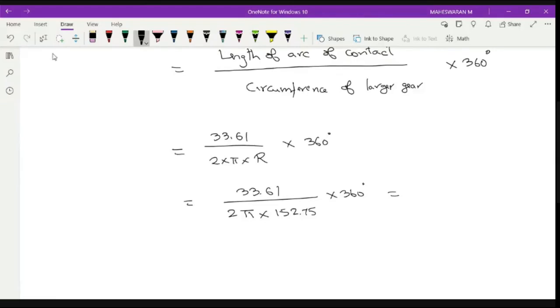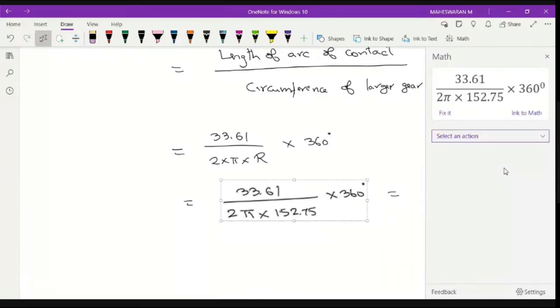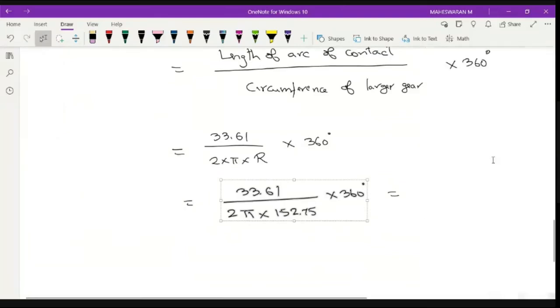So what is the value you are getting? Answer with about... 12.6 degrees, sir. Sorry, 12.6. Into 360, if you do, you are getting 12.6 degrees. Okay, so this is the angle turned by the larger wheel.